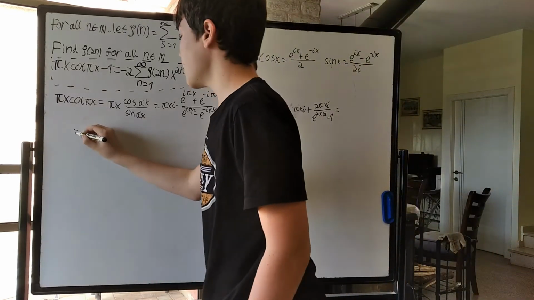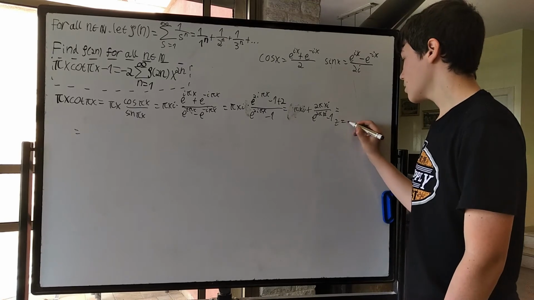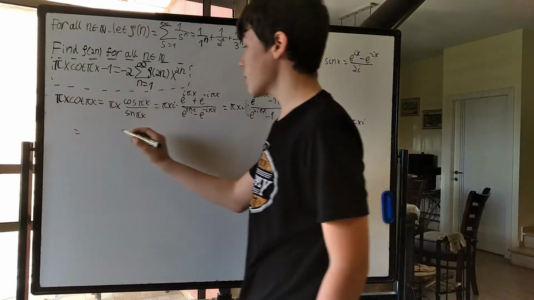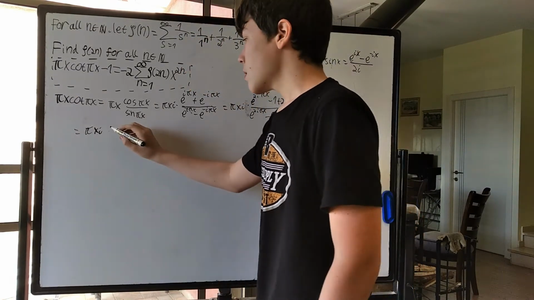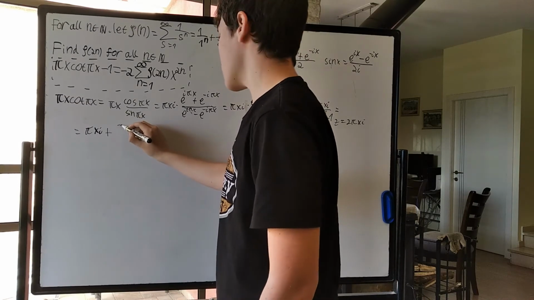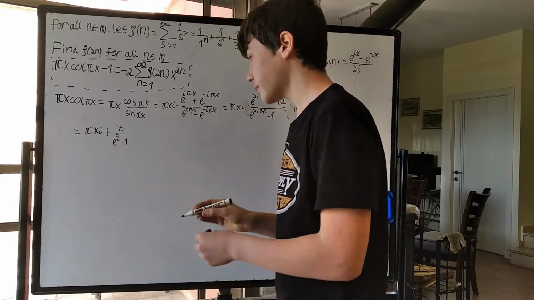Now, let me quickly say z is equal to 2 pi xi, so we can see this better. This is pi xi plus z divided by e to the z minus 1.